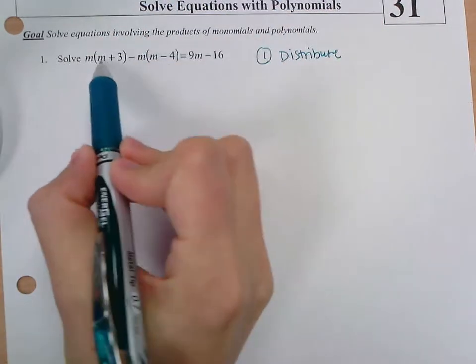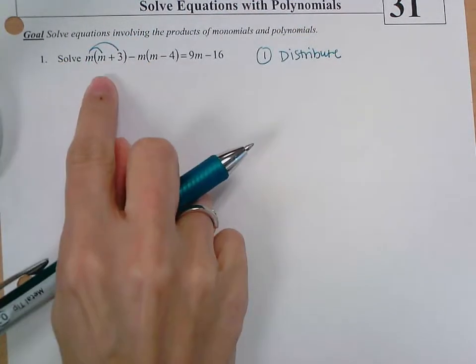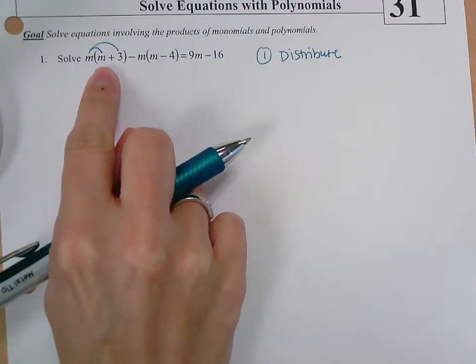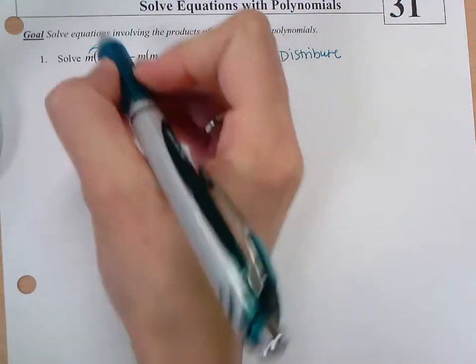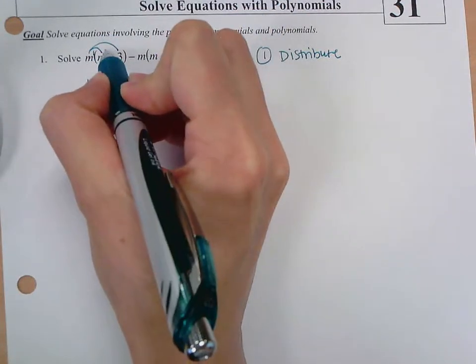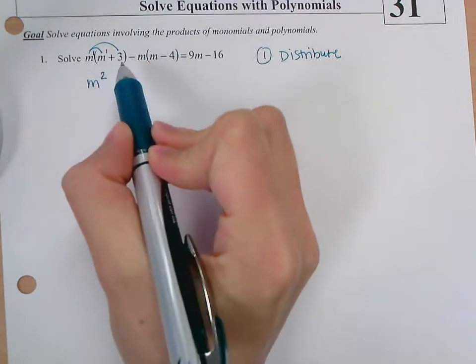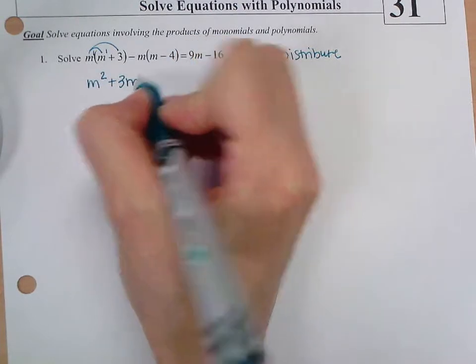So if I distribute for this first set of parentheses, if I distribute m to the m plus 3, what is m times m? M to the second. So remember, you're adding the exponents when you multiply, and they both have a 1. If it helps, write it in. And then m times 3 would be 3m, so plus 3m.